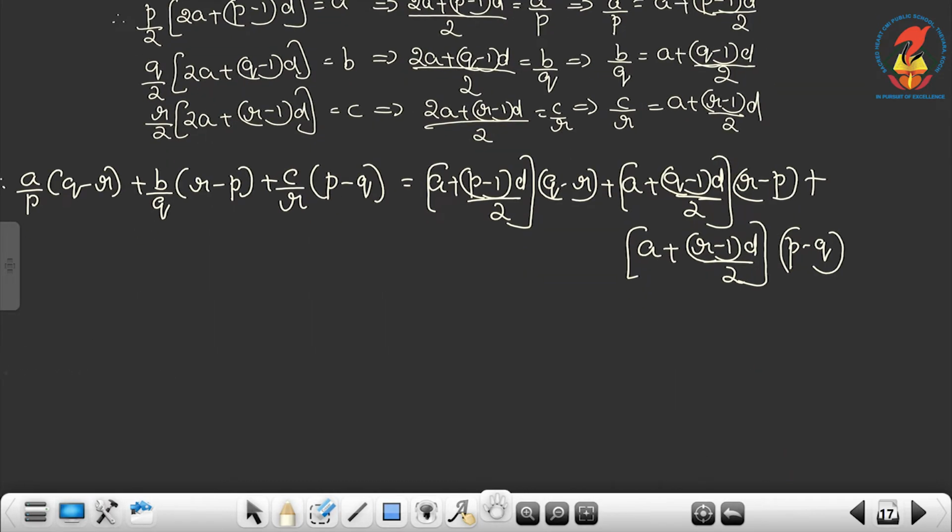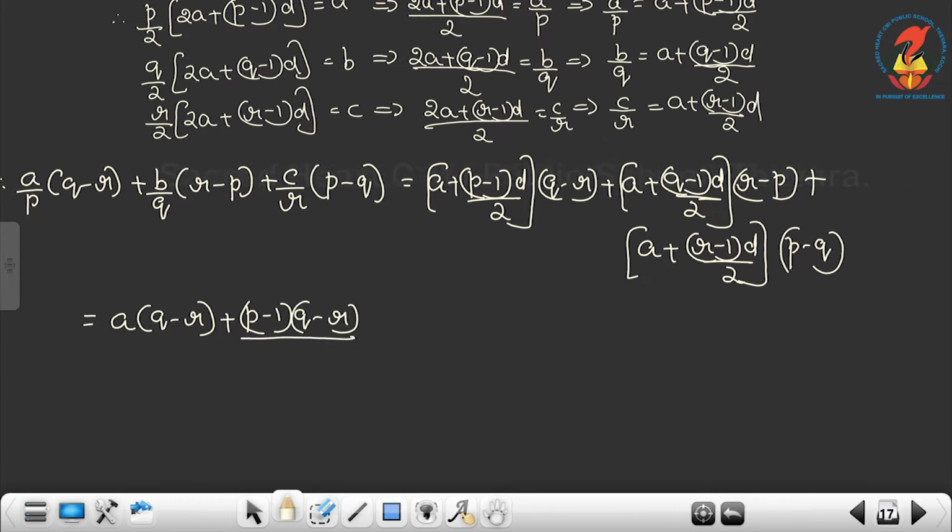Now the simplification. Children, in every term A is there, so A we can take out. A into (Q minus R) plus (P minus 1) into (Q minus R) by 2 into D, we can take outside. Next step we can take out, that's why I am taking A into this, D the last.